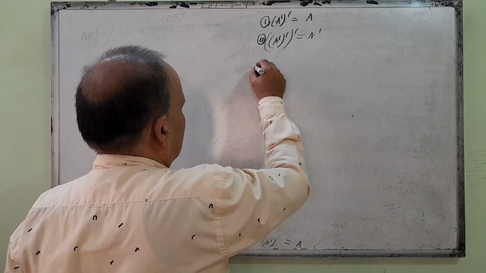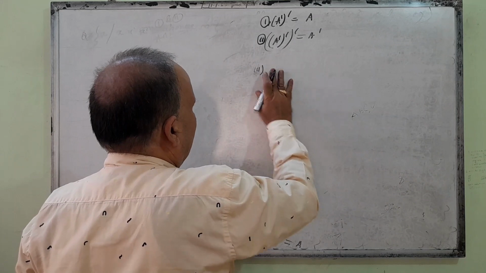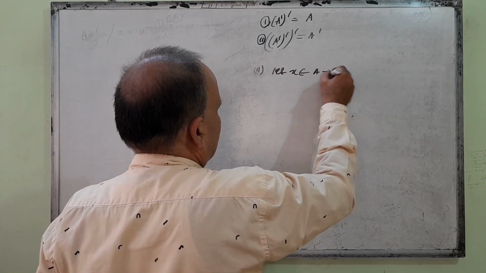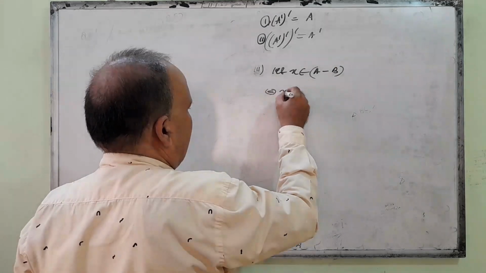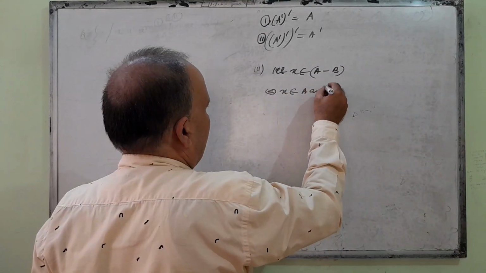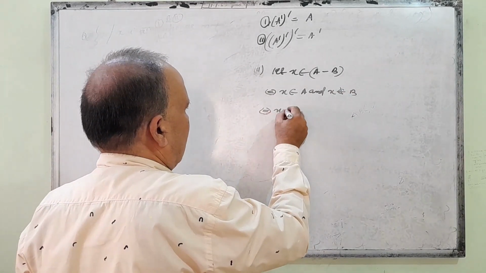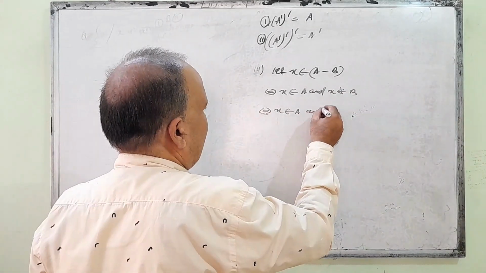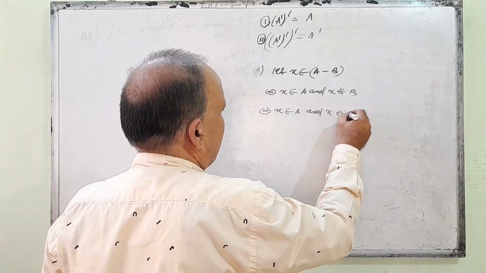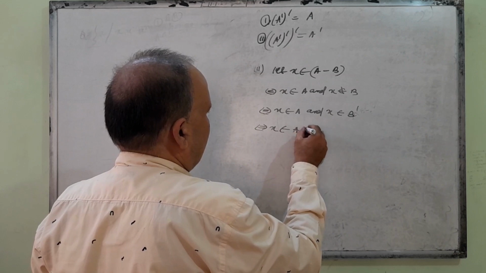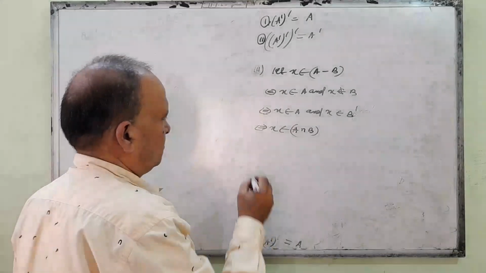And next, come to your third part. Let X belong to A minus B. This implies X belongs to A and X does not belong to B. This implies X belongs to A and X belongs to B dash. This implies X belongs to A intersection B dash.